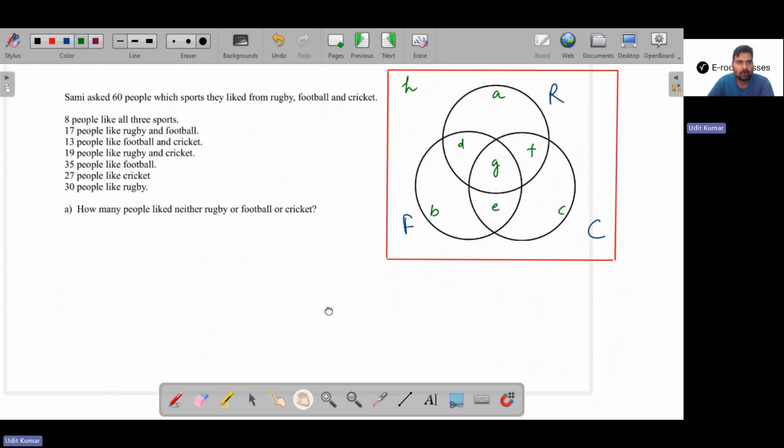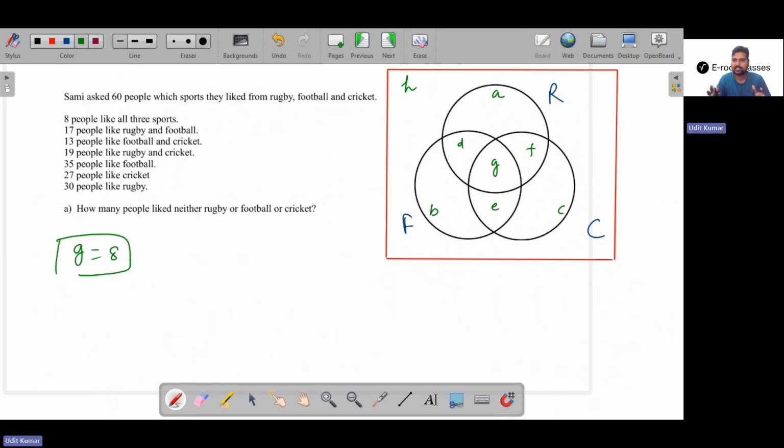Then 8 people like all 3 sports. So all 3 sports means G, right? So G should be equal to 8 as it is the intersection of all 3 circles. 17 people like rugby and football. Again, the "and" means they are talking about intersection. So rugby, football, what is the intersection?